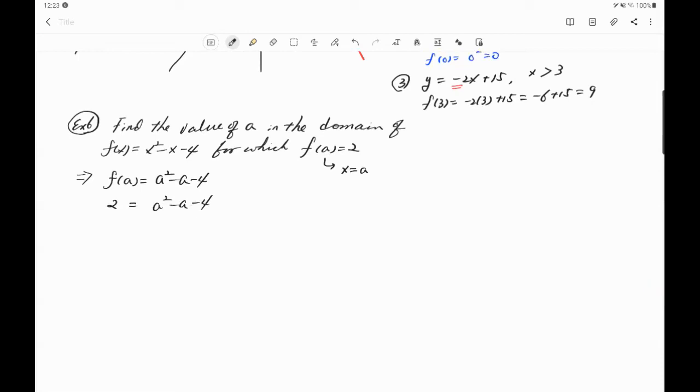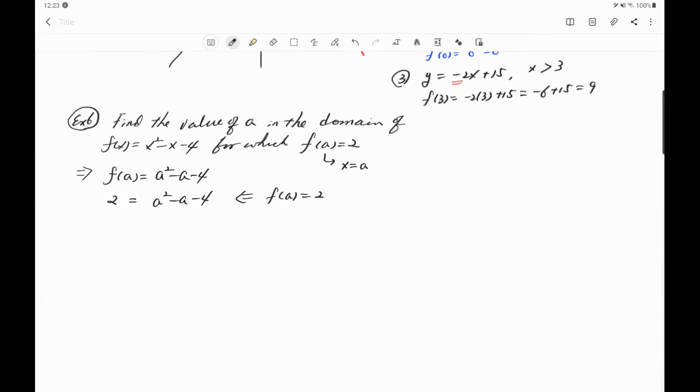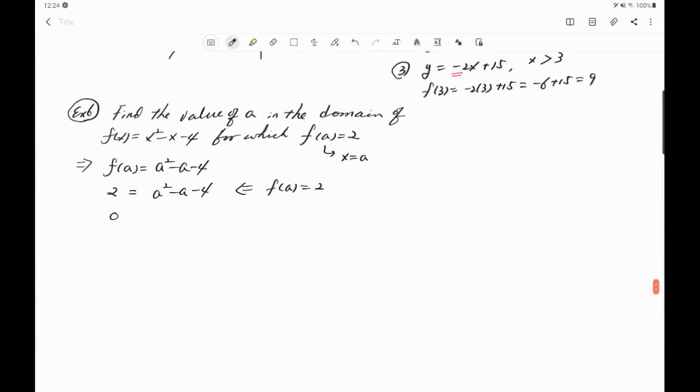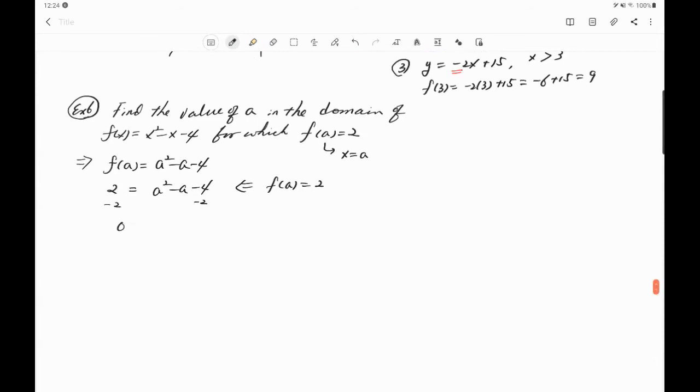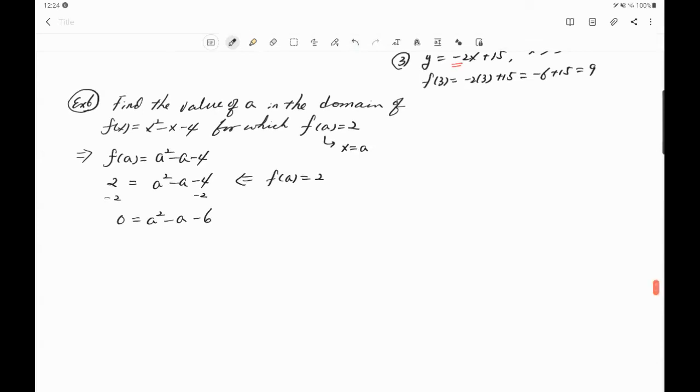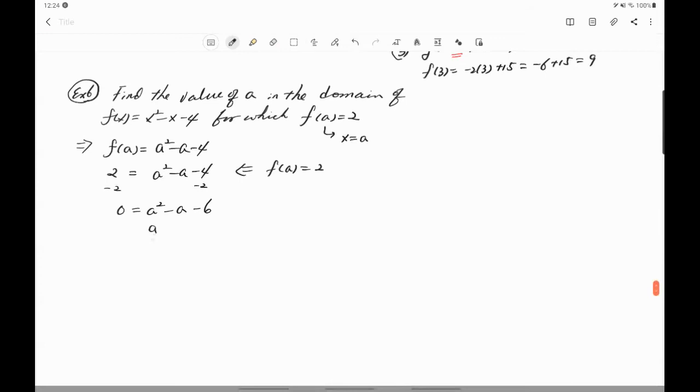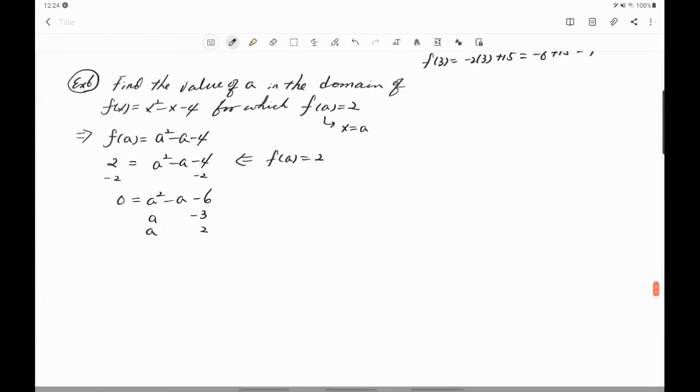So from this one, we can find a, because f of a is given. Let's find a by factoring. Move 2 to the other side, so 0 equals a squared minus a minus 6. Then we can factor this trinomial. 6 is 3 times 2, and the negative sign goes with 3, so this one is negative 3a.